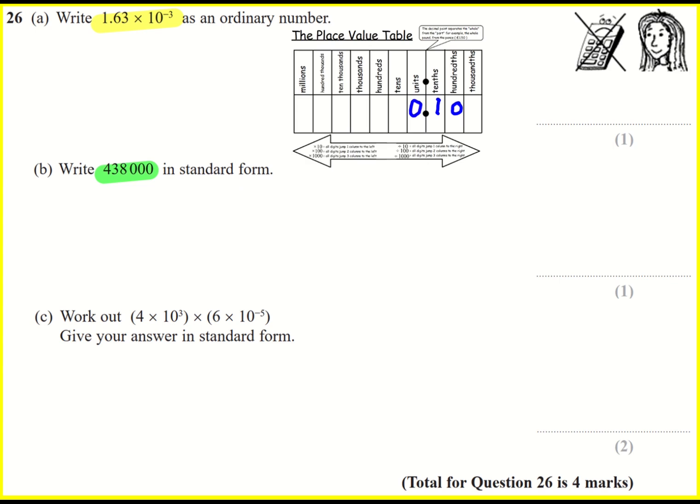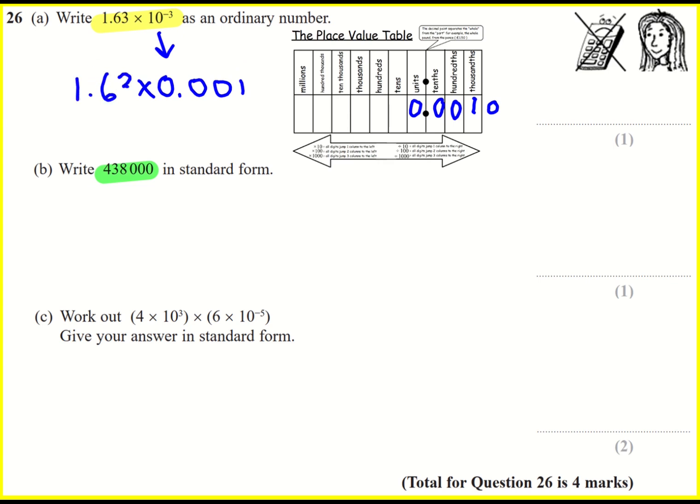So that's 10 to the power minus 1. This would be 10 to the power minus 2. And then this would be 10 to the power minus 3 as we jump to the right on the place value table. So 10 to the power minus 3 is 0.001.